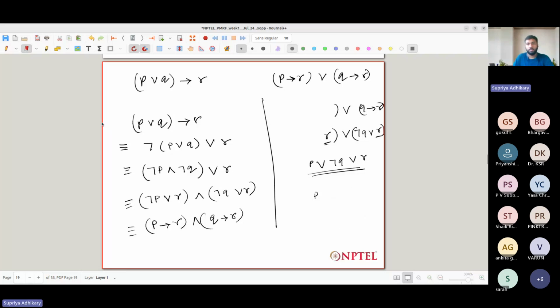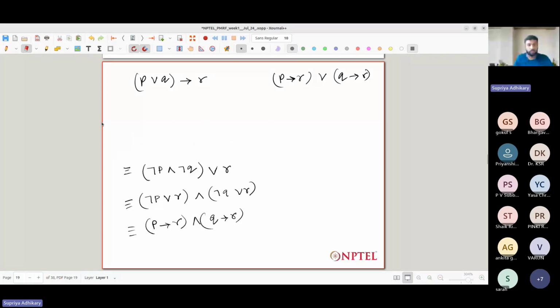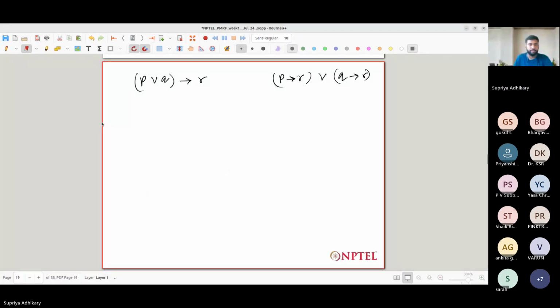Okay, so we must have some example for a truth assignment for P, Q, and R such that they are not the same. So what should be the assignment for P, Q, and R?